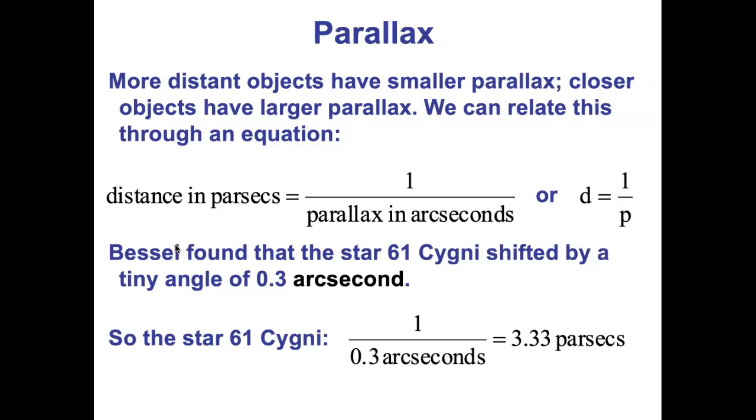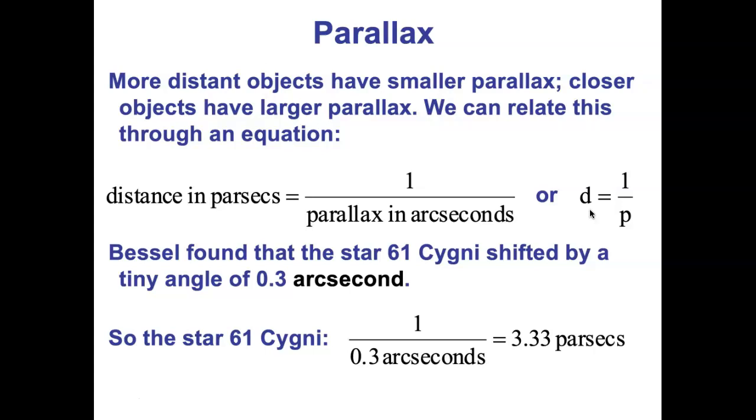We're making up a new unit of distance. We're not going to measure the distances to these stars in AU or in light years, because it would be easier if we just made up a parsec and said, well, if a star has a parallax of 1 arcsecond, 1 divided by 1 is 1, that star has a distance of 1 parsec.